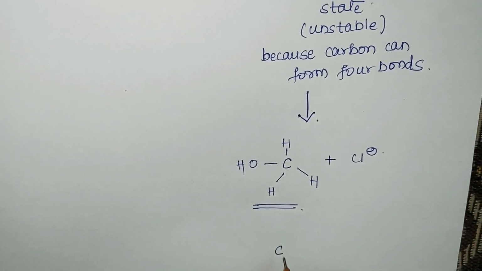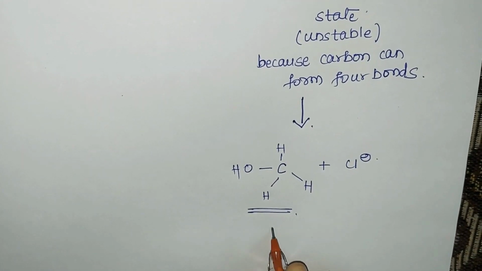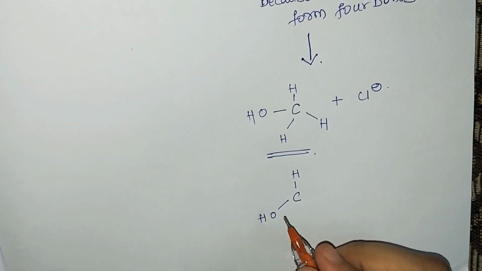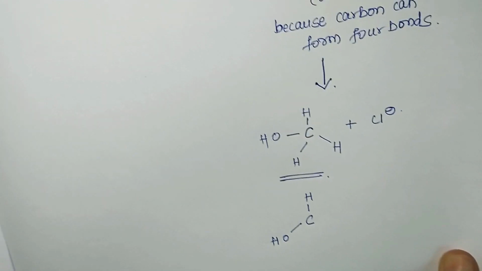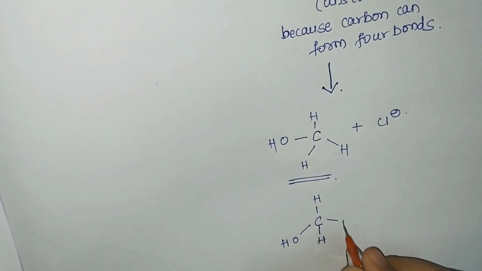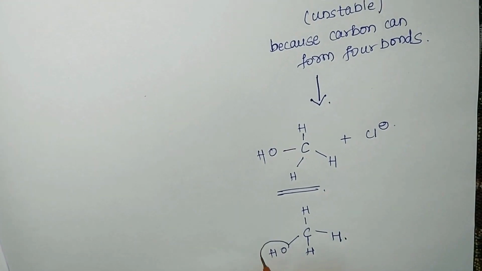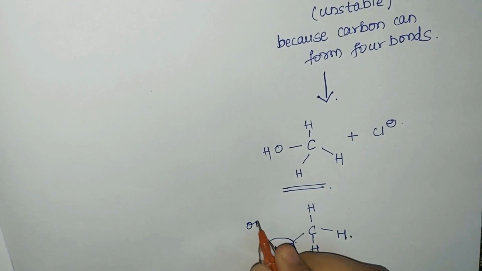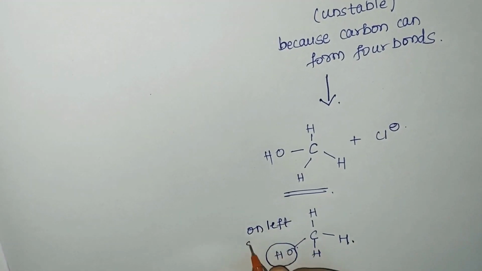So let us write the tetrahedral structure here. H, then OH and H, and on another side H. So what do we observe here? Here the nucleophile is present on which side? It is present on the left side, in the product.